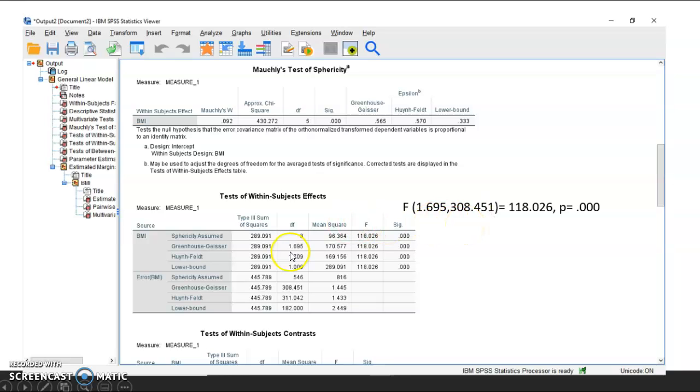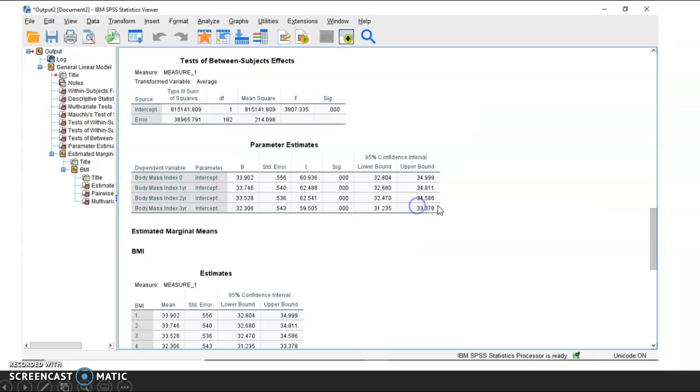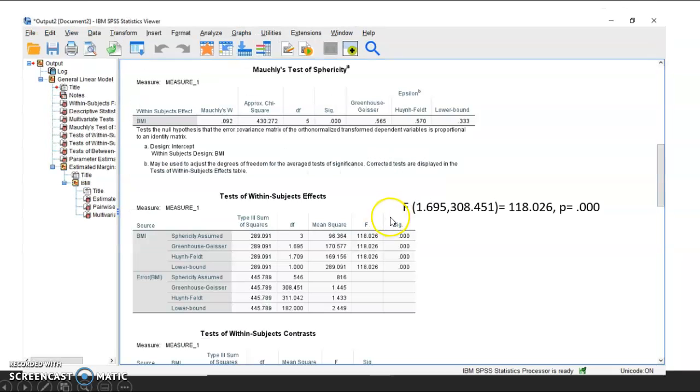I get the degrees of freedom right here from the Greenhouse-Geisser. I hope you can see my cursor when I'm doing this. And then I go down here to my error, and that is the second degrees of freedom. And the F statistic is 118.026, and it is significant.